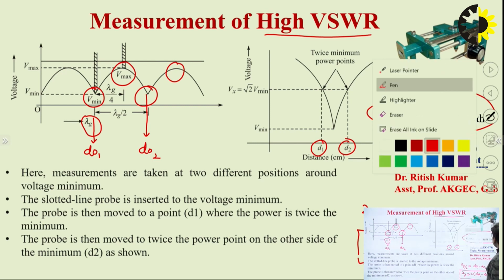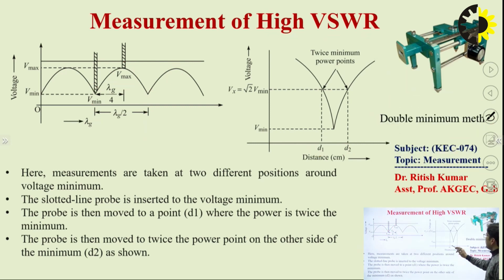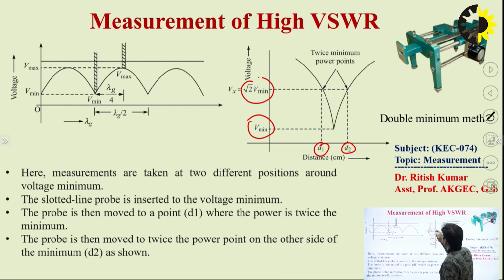Now what are d1 and d2 here? So d1 and d2 are the points where the voltage is root 2 times the minimum voltage. So this point is also known as the doubling power point, and these two points are known as doubling power points.